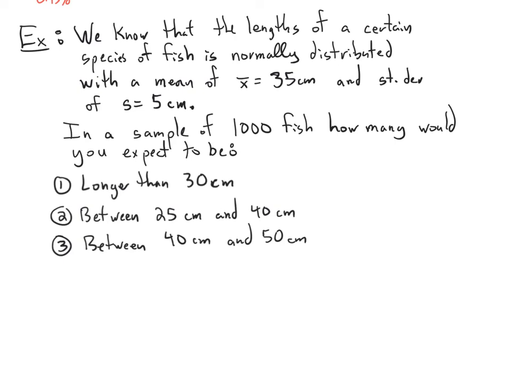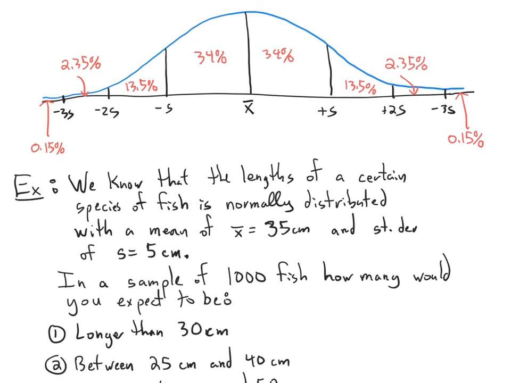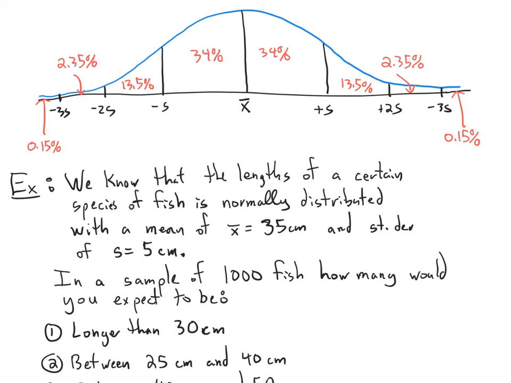So, let's go up and modify our diagram a little bit so we can put in the mean and the standard deviation, so we can read off what's going on a little bit easier. So remember, we have a mean of 35 and a standard deviation of 5. So we scroll back up. We know the mean here is 35 centimeters. And if we add one standard deviation, we get 35 plus 5, which is 40.